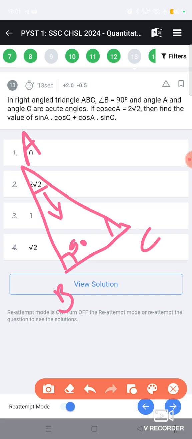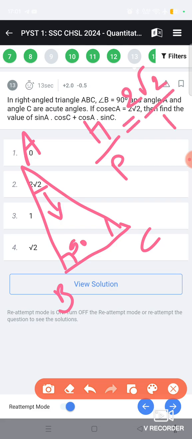Sin cos sec, sin cos tan cosec, cosec sin. It means hypotenuse by perpendicular equals 2 root 2 by 1, and this is the perpendicular. Okay, and this is the hypotenuse.